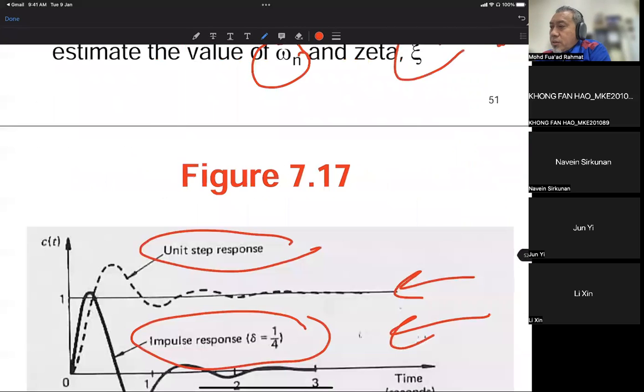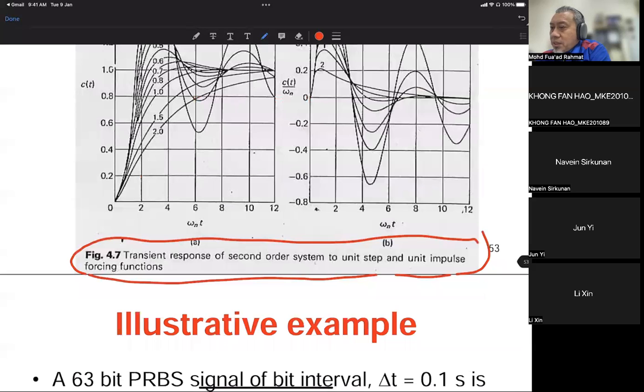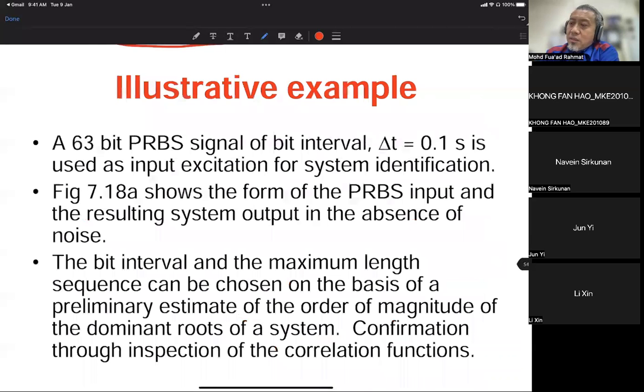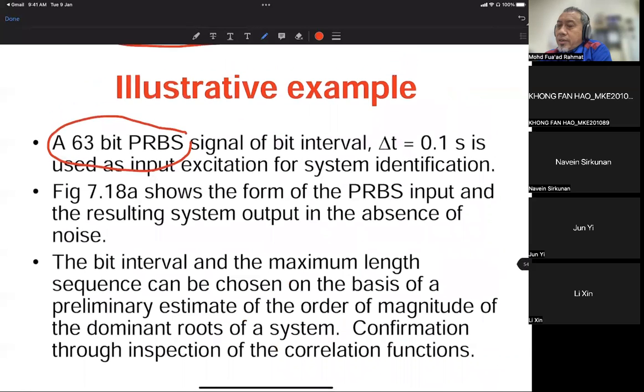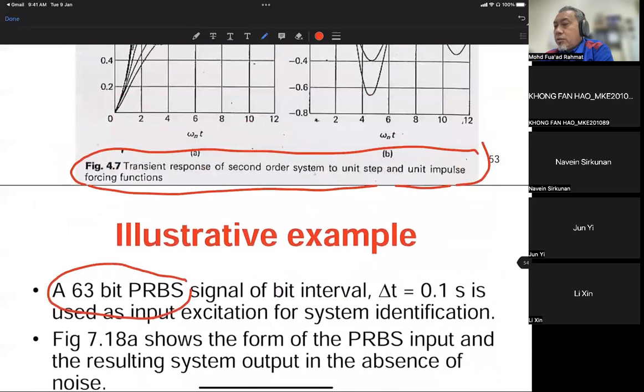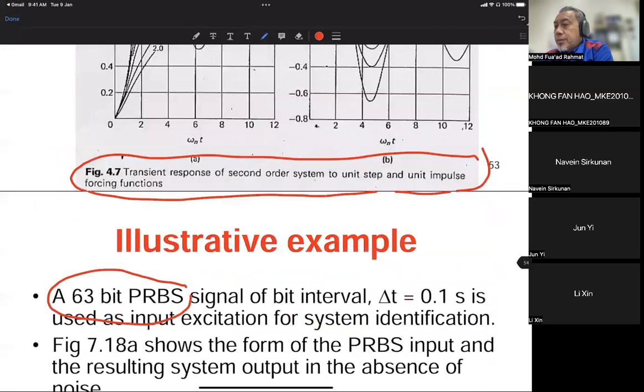So now we are getting into business by injecting 63-bit PRBS signals. 63-bit PRBS signals is where 2^n minus 1 equals 63, so 2^n equals 64. So what is the value of n?